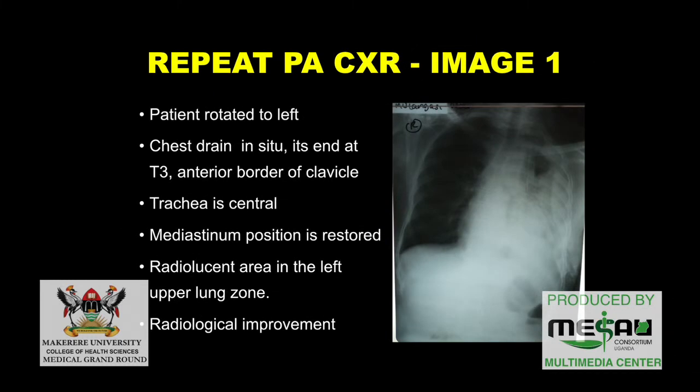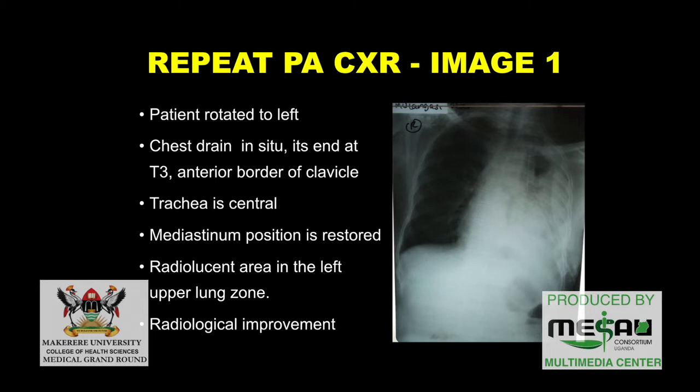So for this patient, the attending physicians went ahead, because of the first radiograph, with a diagnosis of pleural effusion, and a chest tube was put in. This is a repeat, and you can appreciate that our tube is still in situ.